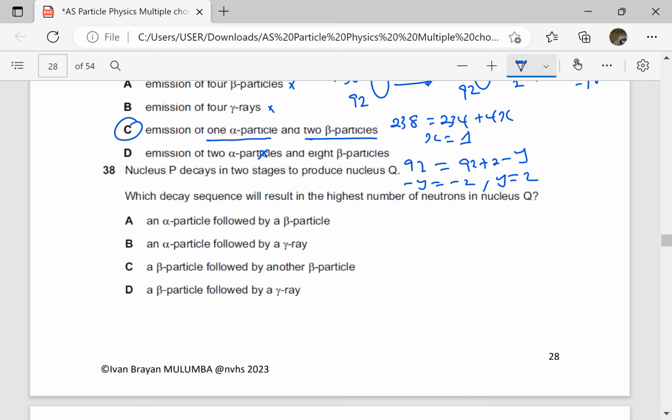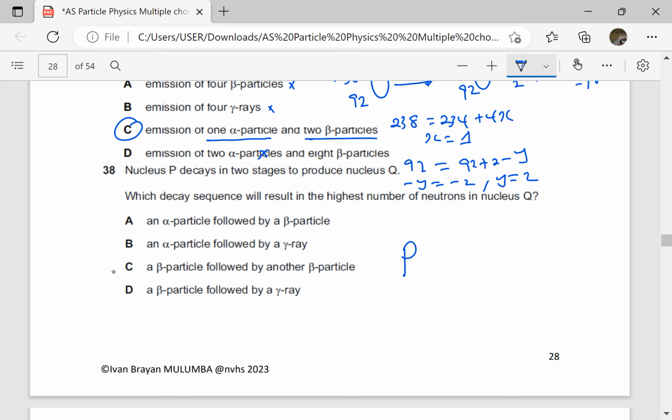Nucleus P decays in 2 stages to produce nucleus Q. Which decay sequence will result in the highest number of neutrons in nucleus Q? The first option is an alpha particle followed by a beta particle.